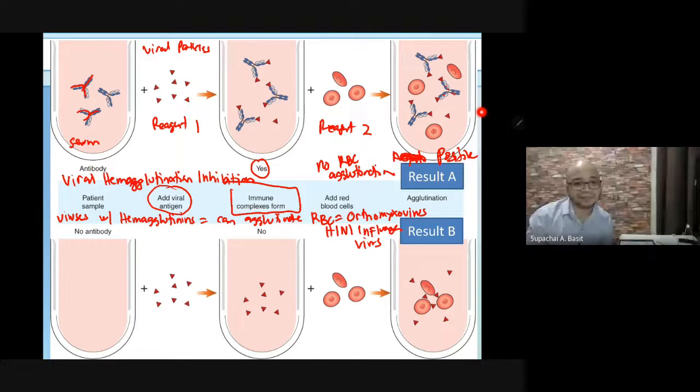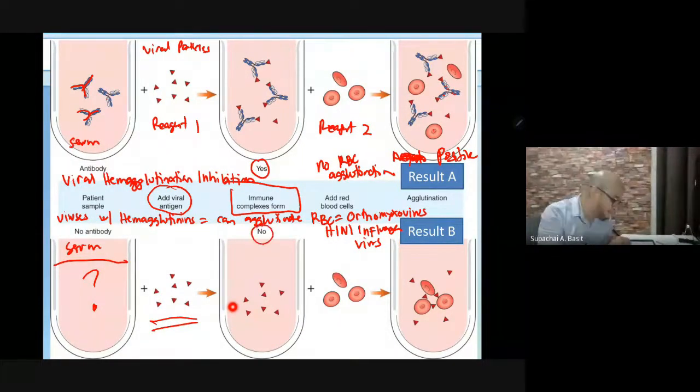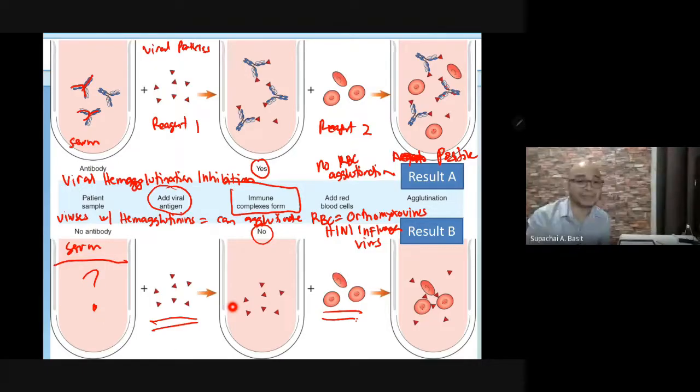Now, take a look at result B. Result B, the serum here has no antibodies. So even if you add viral antigen, your reagent 1, you will not be able to form an immune complex. Therefore, if you will be adding RBC, the RBC will be agglutinated by the virus because the virus contains hemagglutinins, and hemagglutinins can agglutinate RBC.